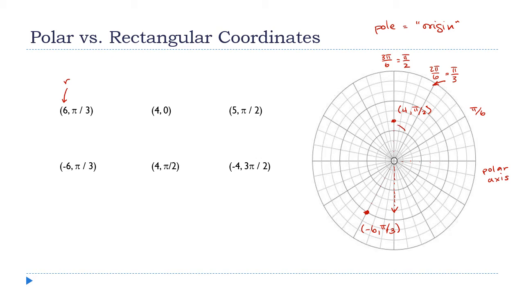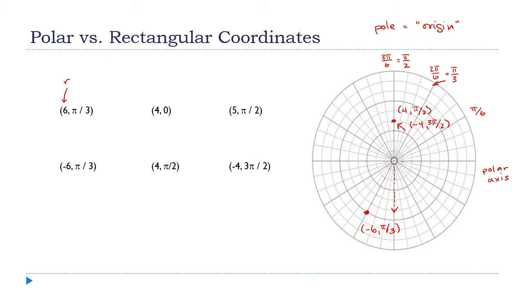And look at what happened. I landed on that exact same spot. So the points 4 comma pi over 2 and -4 comma 3 pi over 2 are the same point. There are two different ways of writing the same point. So this is one of the unusual things about the polar coordinate system.